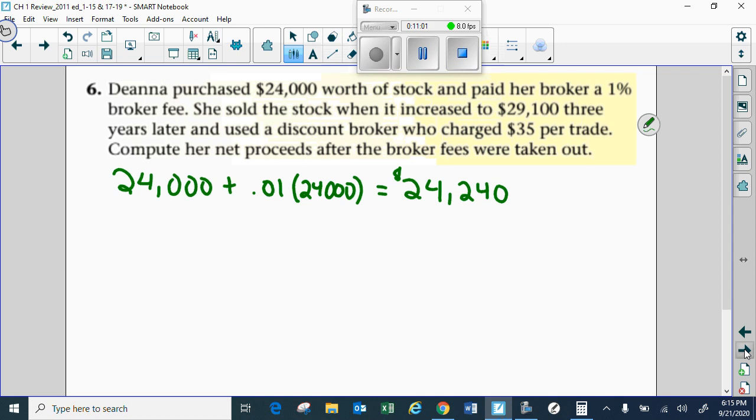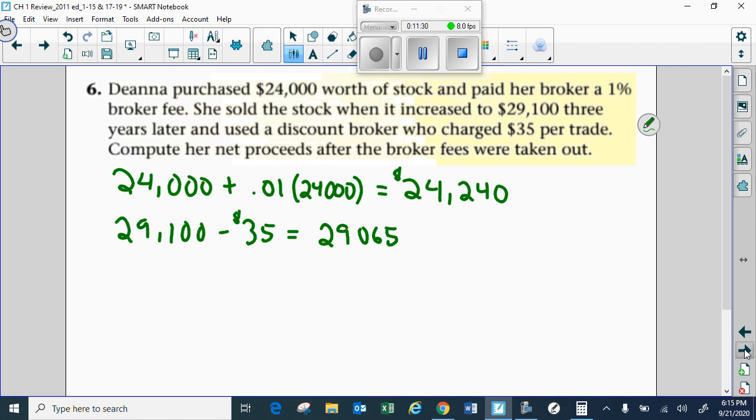Okay, when she sold it at 29,100, she then had to pay $35 to the discount broker. So she's not getting 29,100. She is getting that minus 35, which would be 29,065. Okay, because she had to pay $35 to the broker.